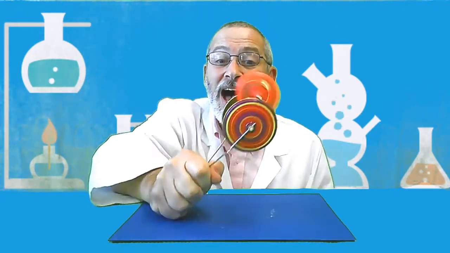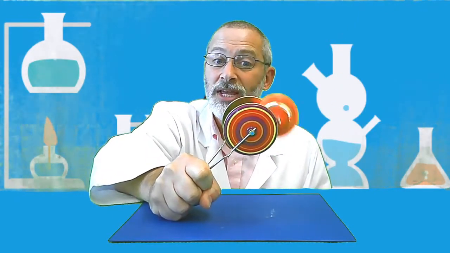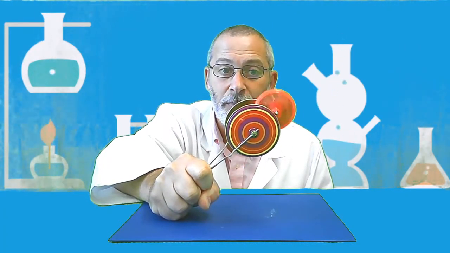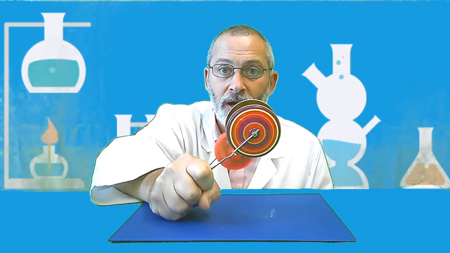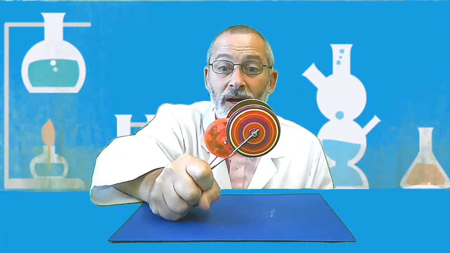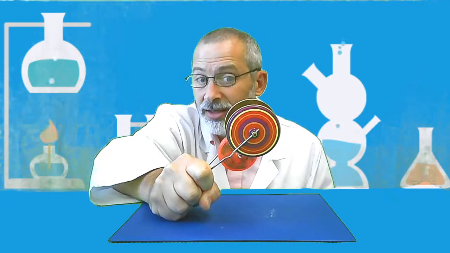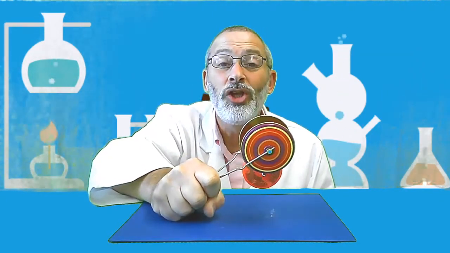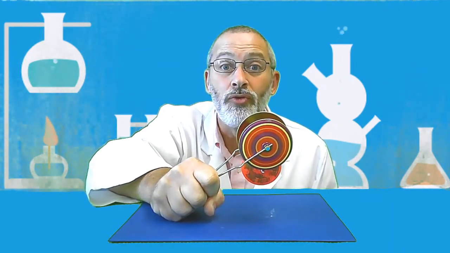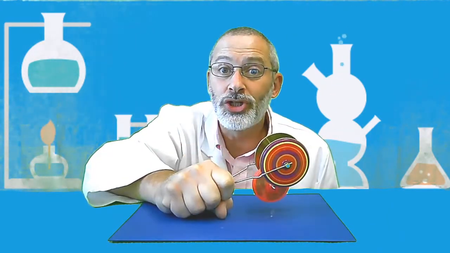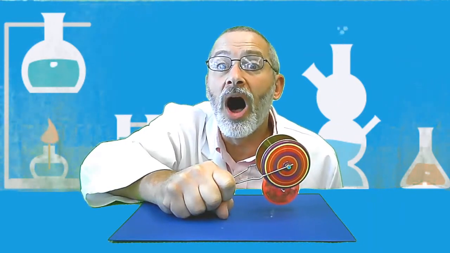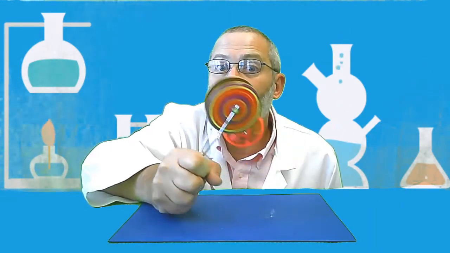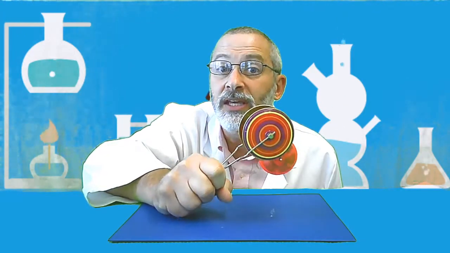Now I'm going to stop applying a force, and what do you think is eventually going to happen to this spinning top? If you said it's eventually going to stop, you are exactly right. My question to you is, why? Think about that for a moment. Why did this eventually stop?